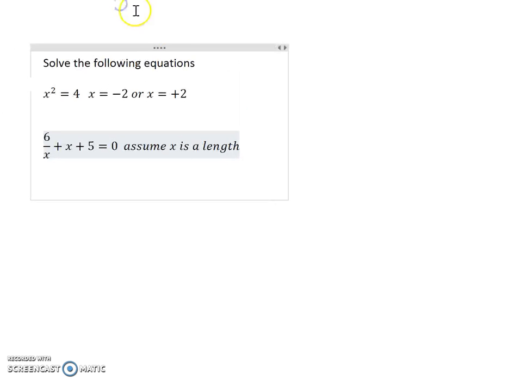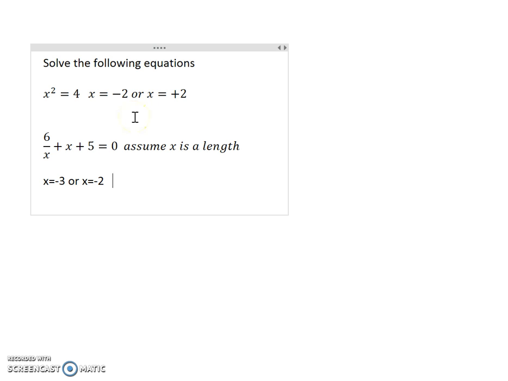So in this case, x equals negative 3 or x equals negative 2, and that might ring some alarm bells, okay? Because if x is a length, x must be greater than 0. So you've maybe got your equation wrong.